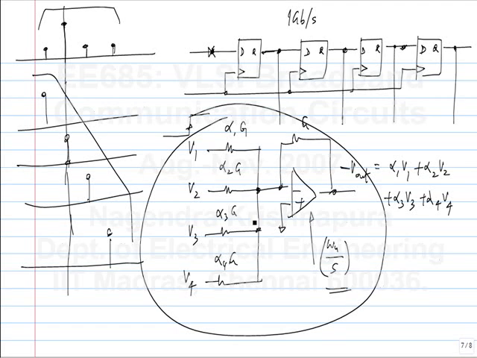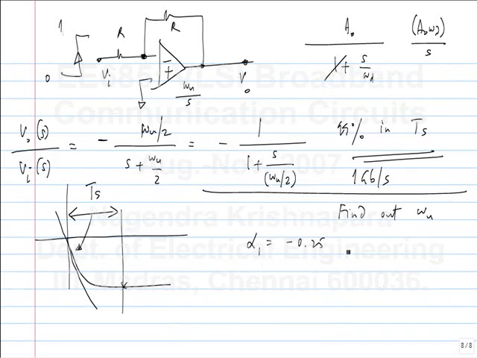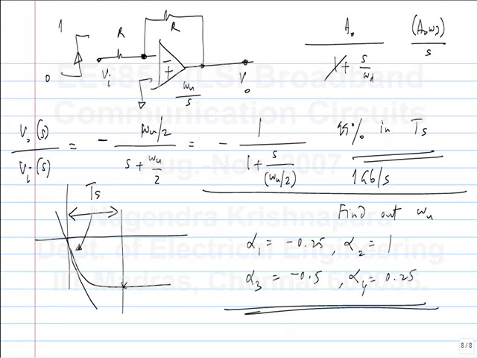For this circuit, let's say alpha 1 is minus 0.25, alpha 2 is 1, alpha 3 is 0.5, and alpha 4 is 0.25. So for these values, find out what omega u is, and the conditions are: I want to operate at 1 gigabits per second, and I want 99% settling in 1 bit period. Okay. You find out the unity gain frequency of the op amp, which will help me make this equalizer. We'll continue with this tomorrow.